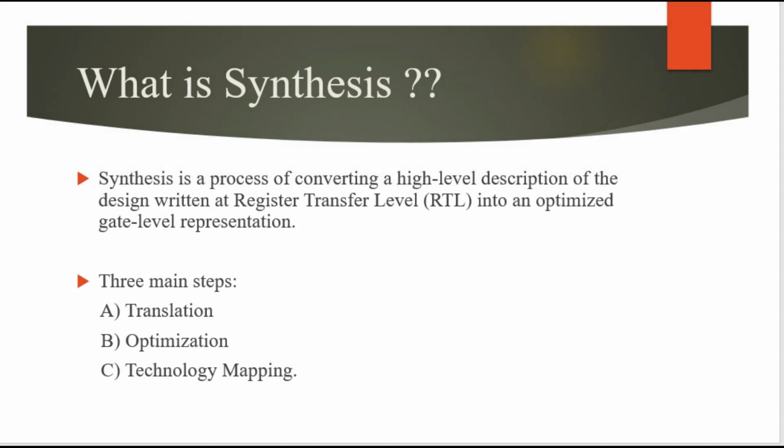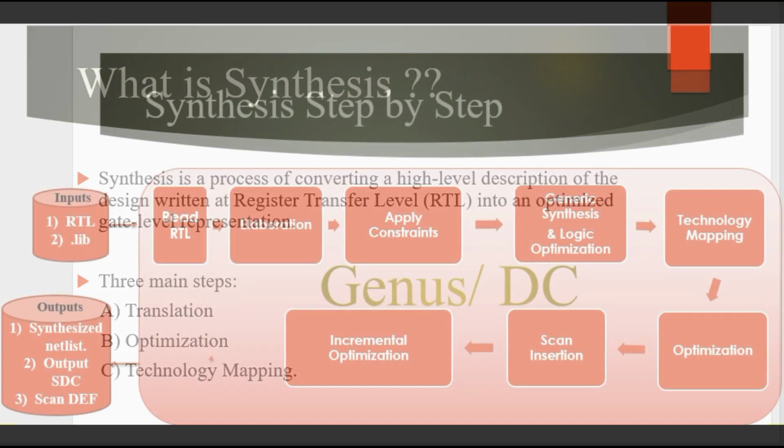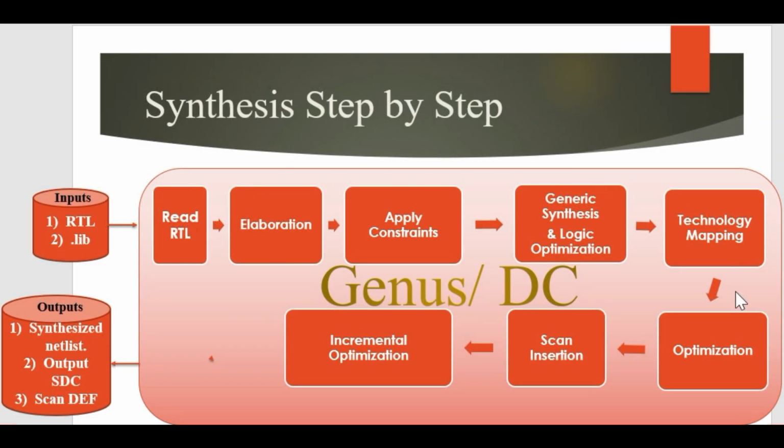So now let's understand these steps in much more detail, and let's look at the step-by-step process of synthesis. These are the detailed steps of synthesis, and the two most popular tools used in the industry to do synthesis are Genus by Cadence and Design Compiler by Synopsys. These steps are mainly Genus specific, but both the tools do the same thing.